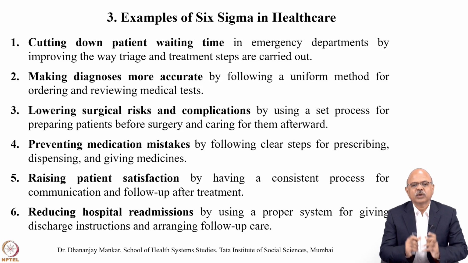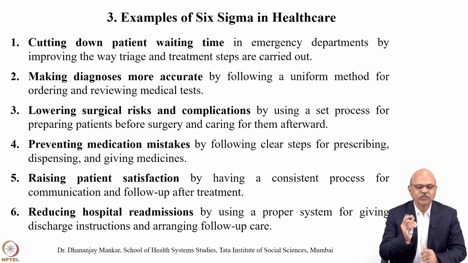Lowering surgical risk and complications by using a set process for preparing patients before surgery and caring for them afterward. So surgical risk is very important, and we need to understand how to reduce the complications.